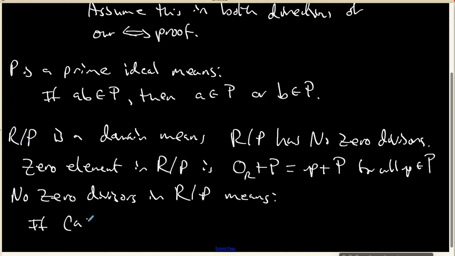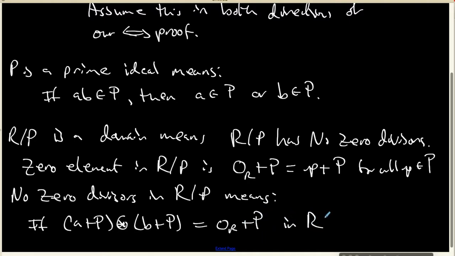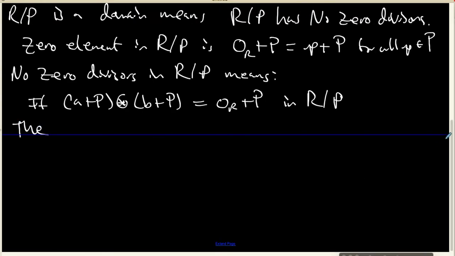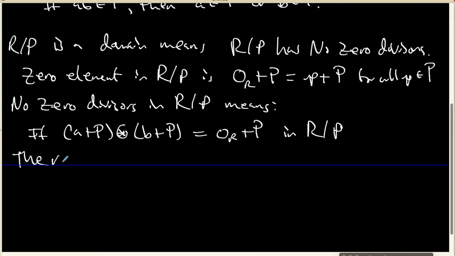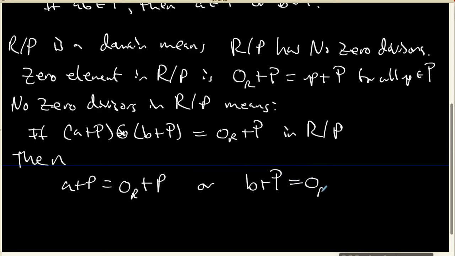If we have A plus P times B plus P is equal to the 0 inside of our quotient ring, then A plus P has to be the 0 element inside our quotient ring, or B plus P has to be the 0 element inside our quotient ring.